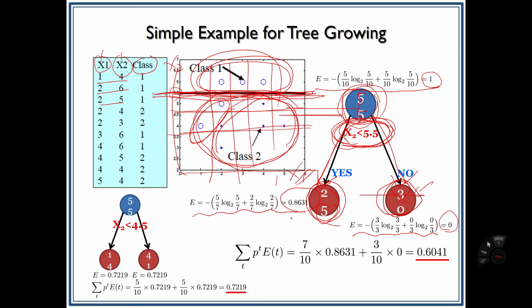Then this node has the weight of 7 over 10, and this node has the weight of 3 over 10. By multiplying each weight by its computed entropy, we get the weighted average of information entropy, whose value is 0.6041, which is less than 1. So it is a successful split, because we decreased the impurity by this split.